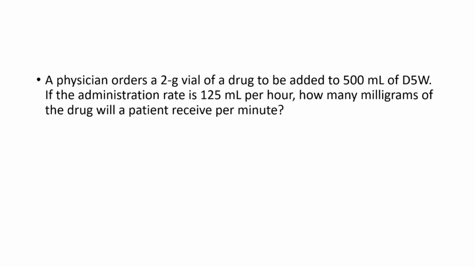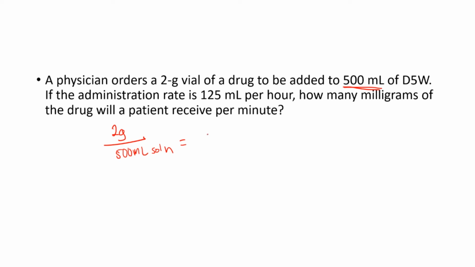Okay, so maigi to. Ang una nyong gawin is kumuha muna kayo ng concentration. So 2 grams of drug was added to what? It was added to a 500 ml solution. Okay? So what is the concentration of that solution? That is 2 divided by 500.